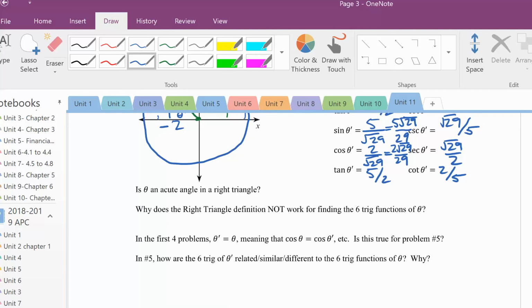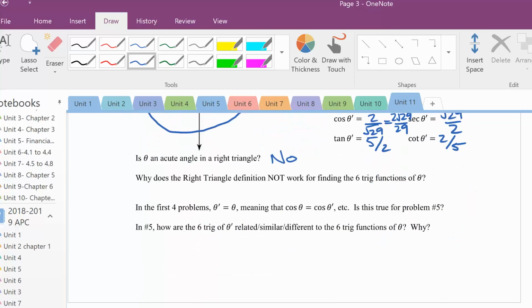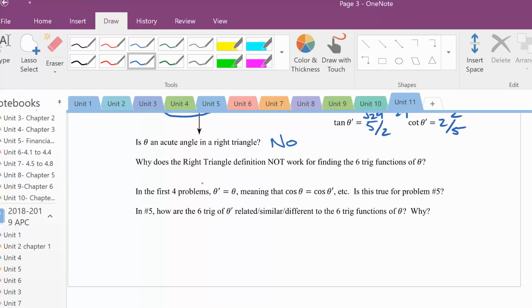So notice, is theta an acute angle in a right triangle? The answer is no. Theta here would be an obtuse angle, and the reference triangle is a right triangle, but theta is not. Why does the right triangle definition not work for finding the 6 trigonometric functions of theta? Because theta is an obtuse angle.